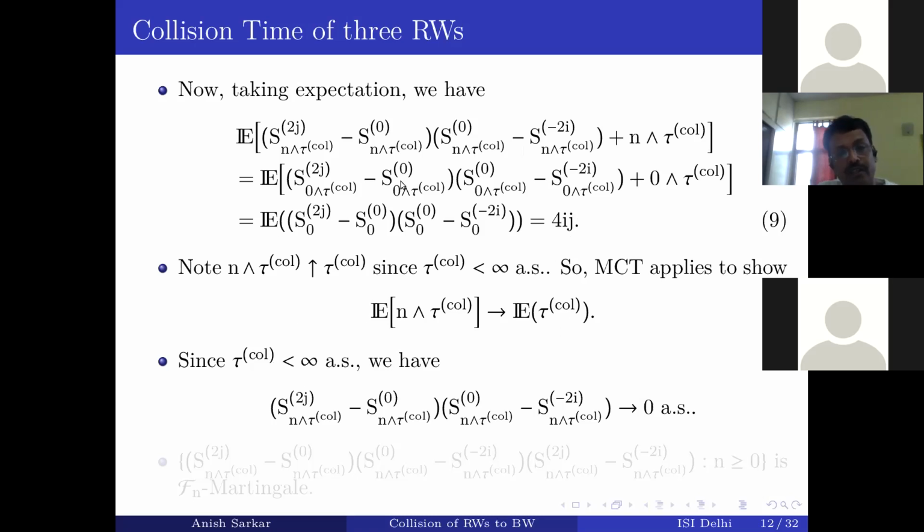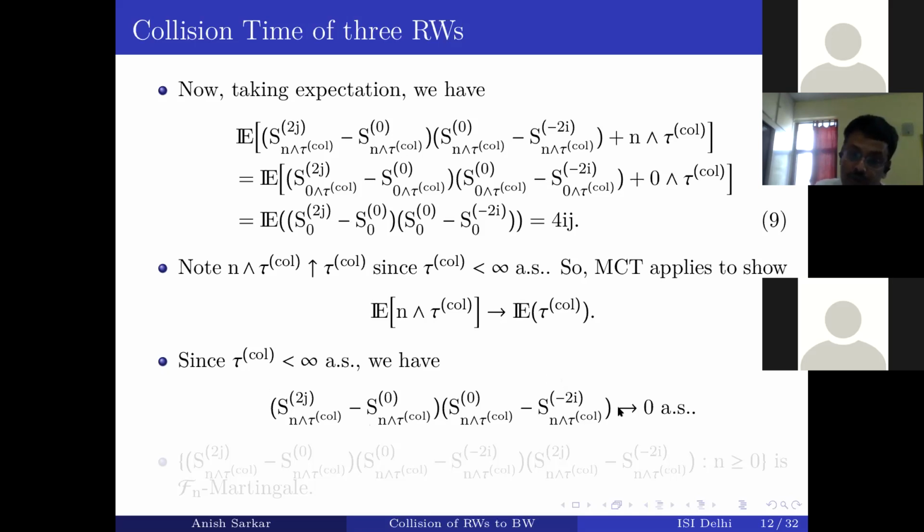Again, tau collision is finite, and that will imply, with the same logic I have said here, that as n is bigger than tau collision, one of this pair would have met, and they are fixed at that tau. So the differences become zero, this product would become zero, and from that state onwards this product will be zero.